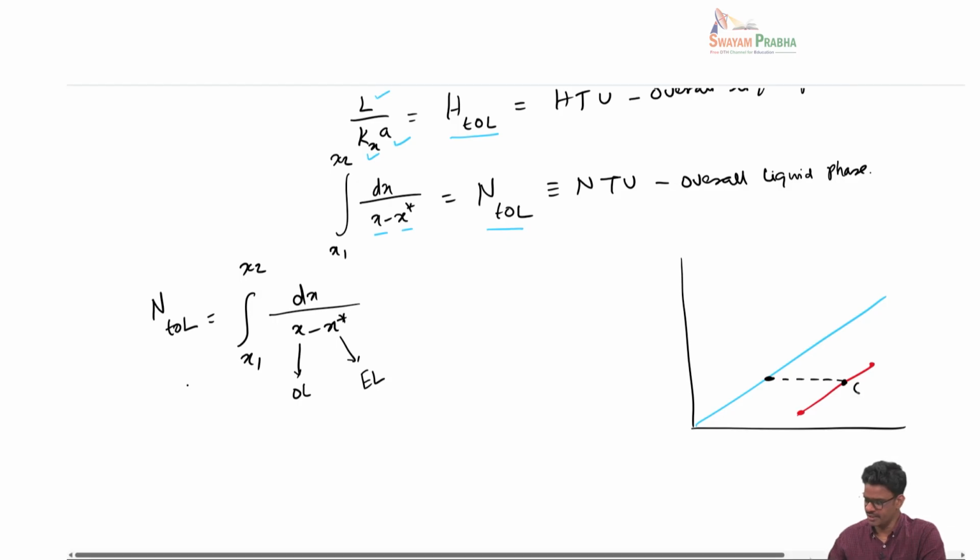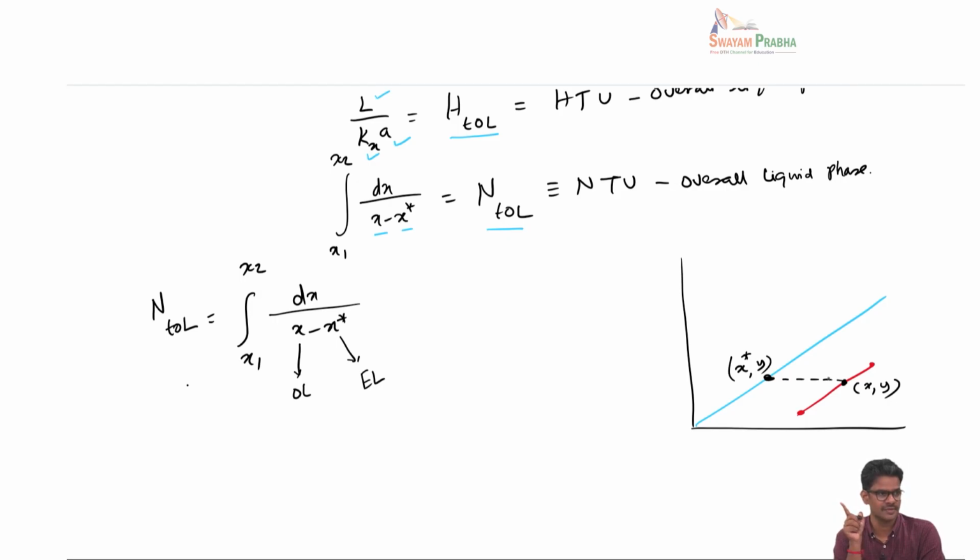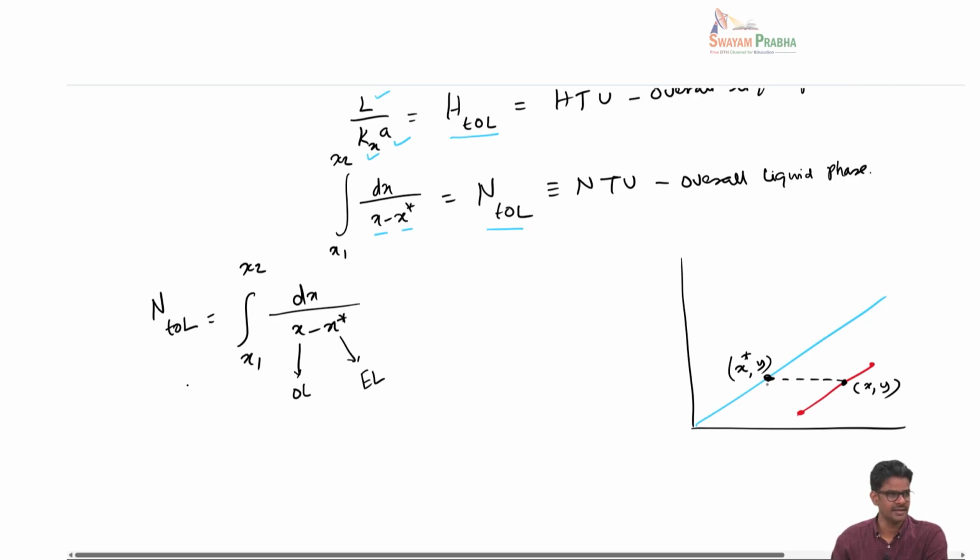So this point here is x comma y coming from the operating line. This point here has x star comma y. Note that these two points have the same y value, only x is changing, right? So that means if I have to know what x star is, I can actually calculate the x star from the y itself.